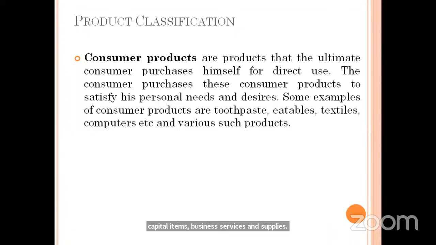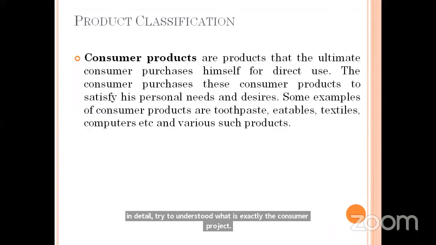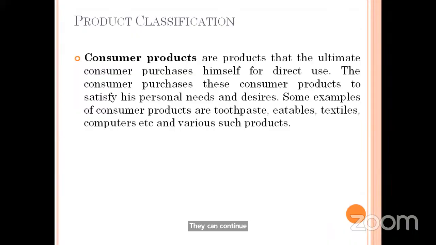So in detail, try to understand what exactly the consumer product is. Consumer products are those products that an ultimate consumer purchases himself for direct use. These products are offered to satisfy the desire of the customer, and they come in a fully finished form.